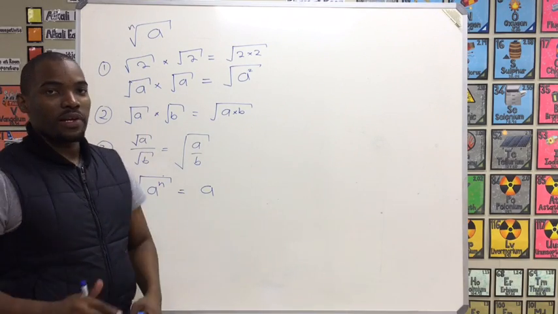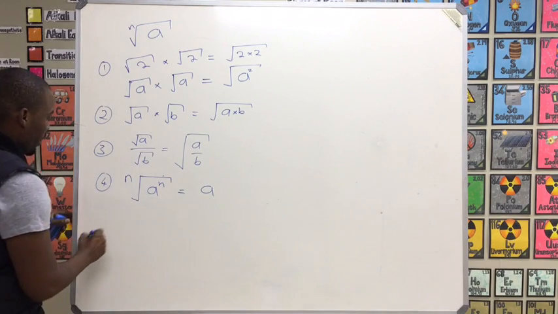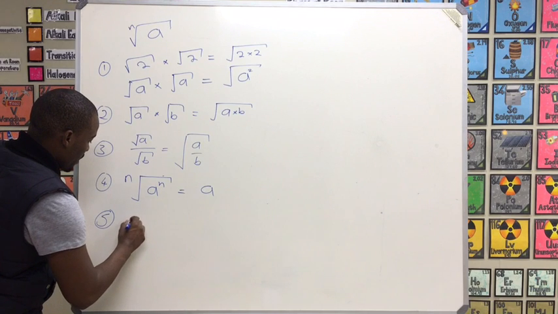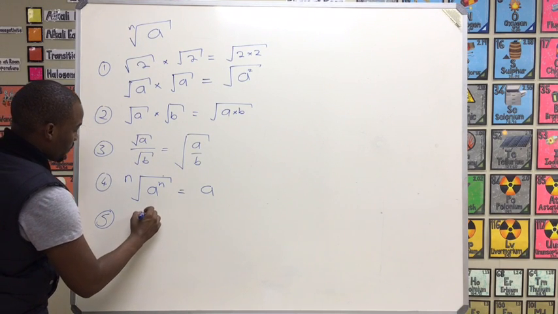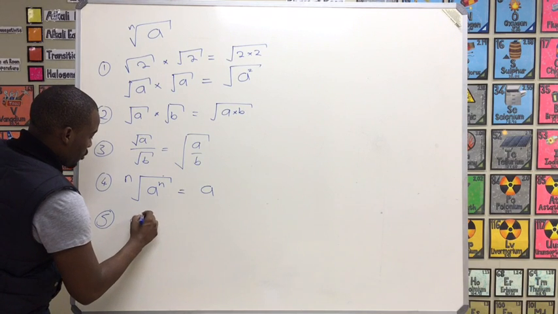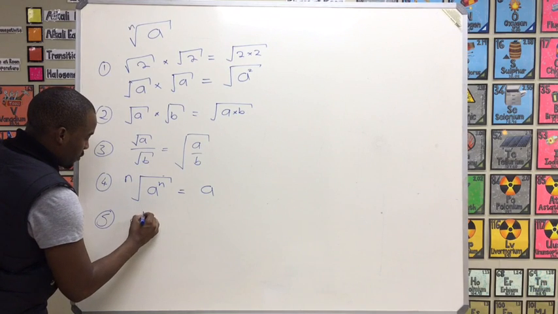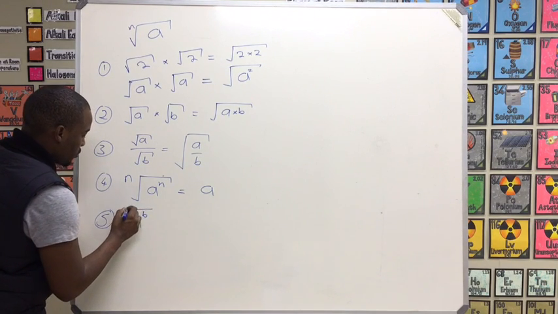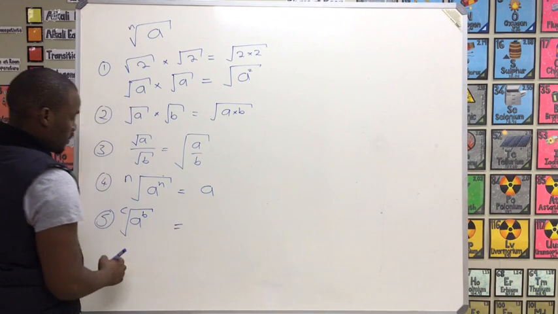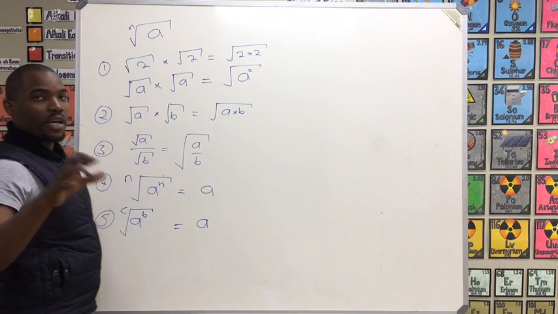Now for this next one, I'm going to link us from exponents right into surds and how we can use the two together. So looking at this fifth one, if I said A to the power of, let's rather change this 3 to a letter, A to the power of B, and all that taken to the root of C. Now how we write this out is that we can write it in exponential form.